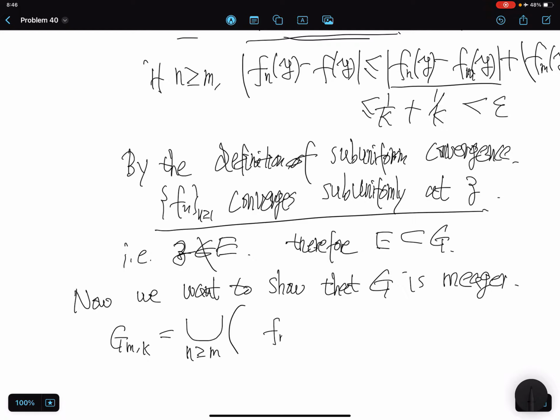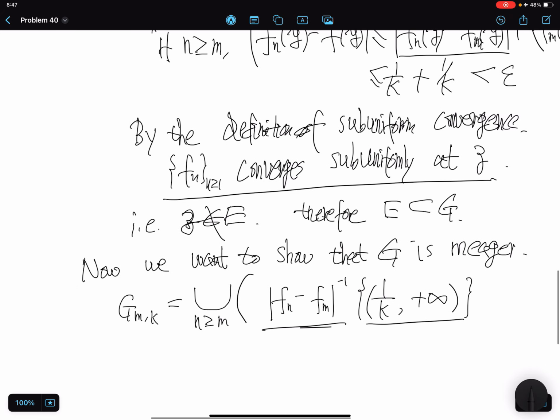So if we define the function |f_n - f_m|, and then take the pre-image of this open interval from 1 over k to infinity, and then take the union, it is actually G_mk, right?